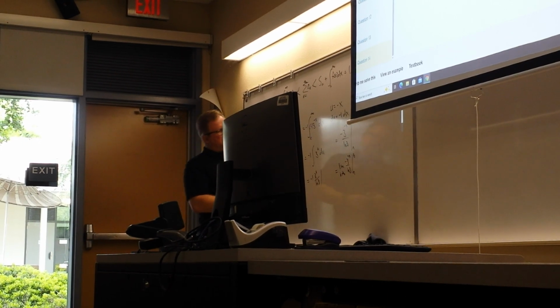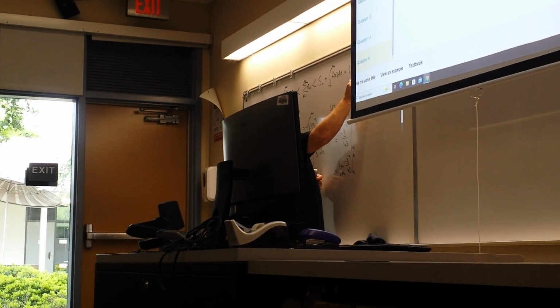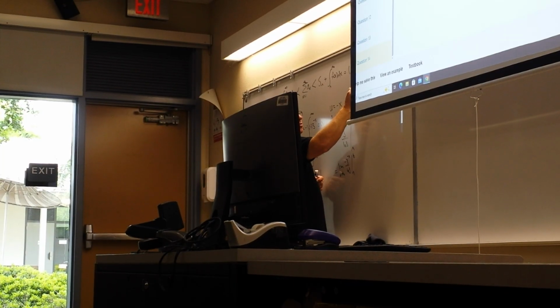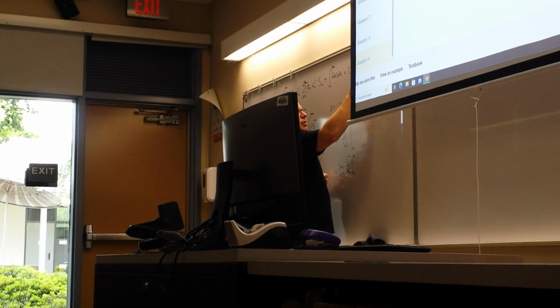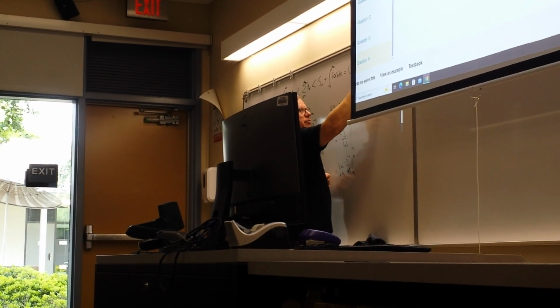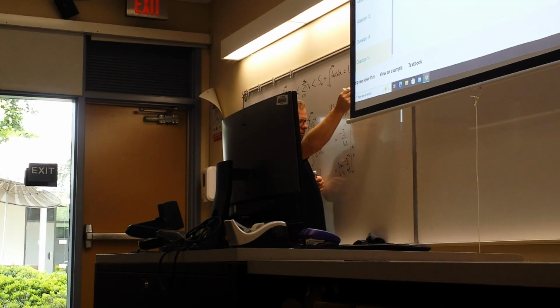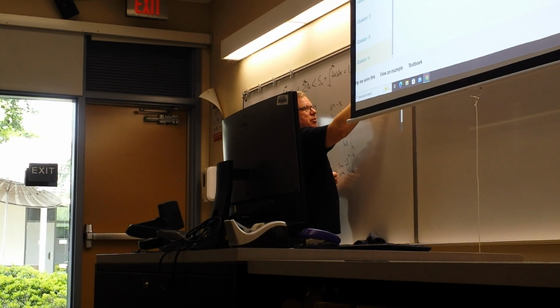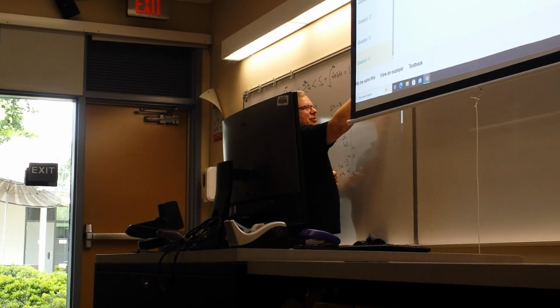Let me see what happens. All right, so now, I'm running out of space up here, but we'll plug in the bounds. Limit as b goes to infinity of -3 to the -b over ln 3 minus -3 to the -n over ln 3.